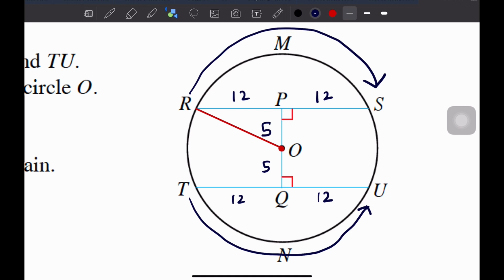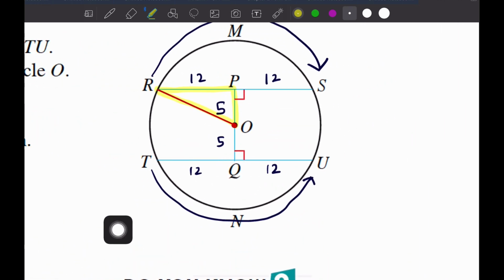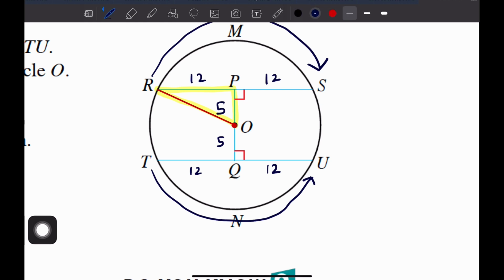There is a small triangle over there. If there is a triangle, it means that you can use Pythagoras Theorem. So I take out the triangle and draw it over here.